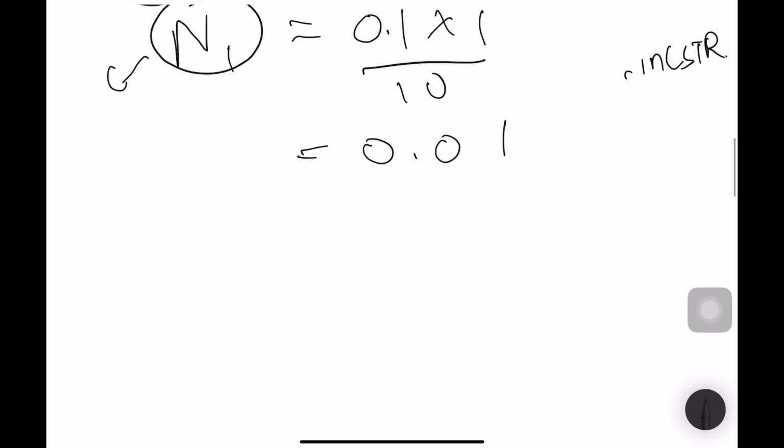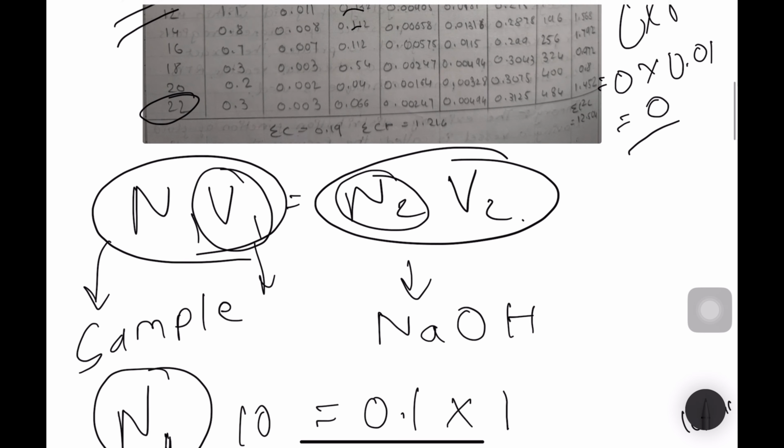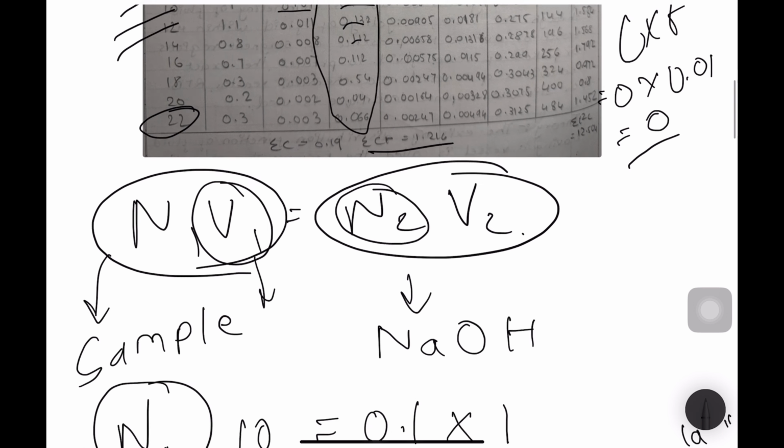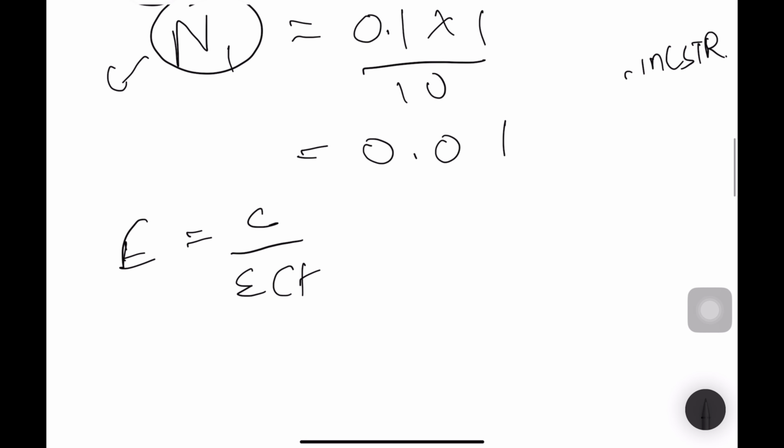Next, for E, the formula for E is equal to C upon the summation of CT. Now let's take the summation of CT from the observation table, which comes out to be 1.216.